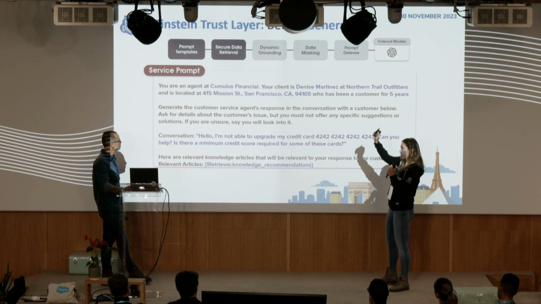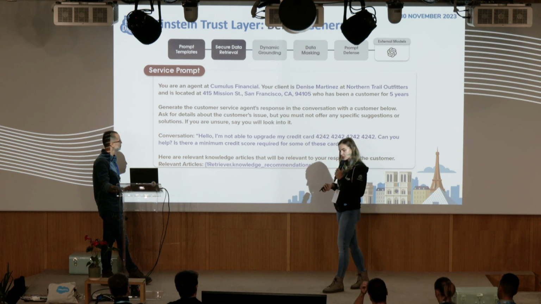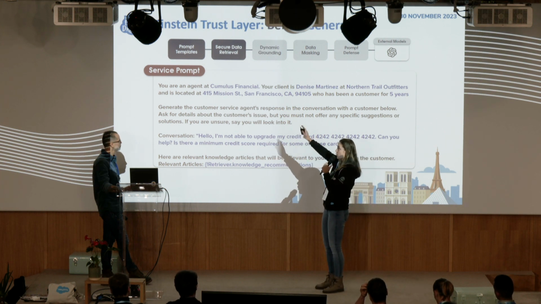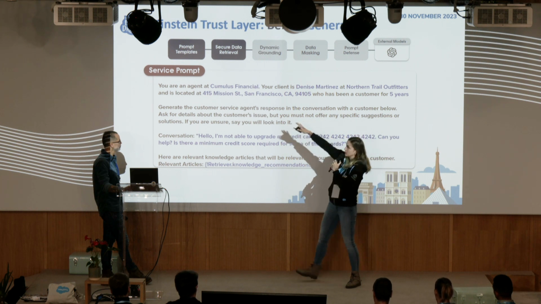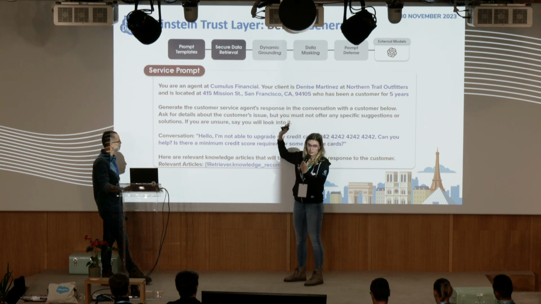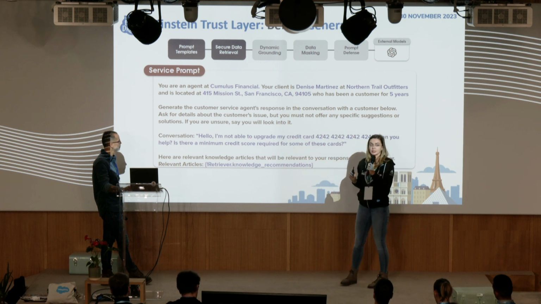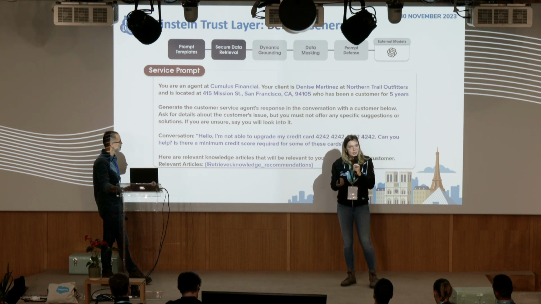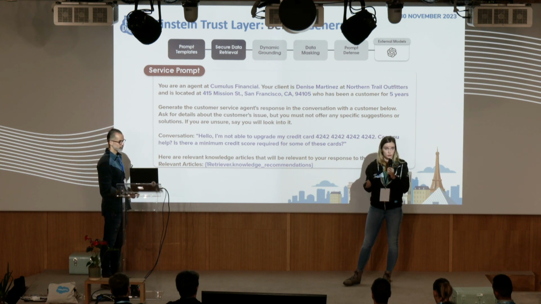On the next step, we have secure data retrieval. Why it's secure is because your prompt is not only filled with the customer case data, like, you're an agent at Cumulus Financial, and your client is Denise. But the case is solved by some service agent, and this service agent in the tool has specific access and authorization to the data.